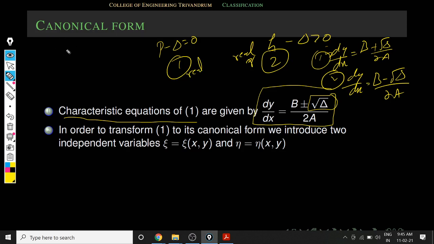In the last case, suppose our differential equation is elliptic. Then delta is negative. If delta is negative, what about the square root of delta? Does it become real or complex?